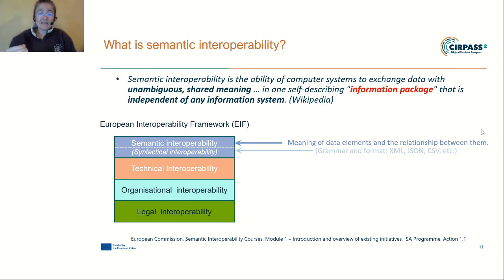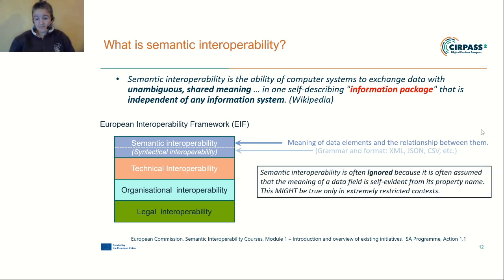Syntax is the grammar and the format of the files that will be exchanged, like XML or JSON, etc. But syntactical interoperability is not sufficient. Semantic interoperability goes further by making the meanings of the data elements explicit, and the relationships between these data elements.